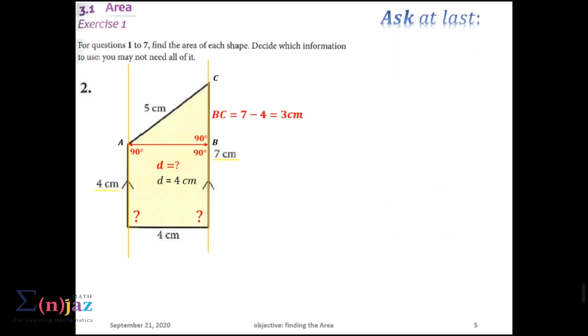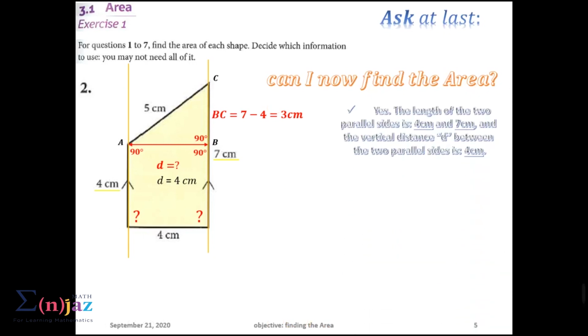So the last question that you should ask yourself: can I now find the area of this trapezium? The answer is yes. The length of the two parallel sides is 4 and 7 centimeters, and the vertical distance between the two parallel sides is 4 centimeters.